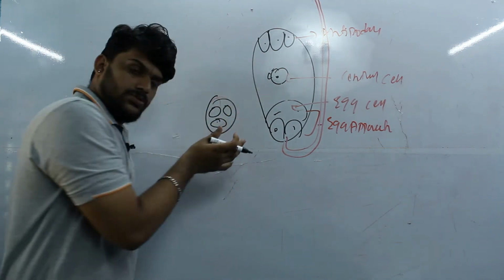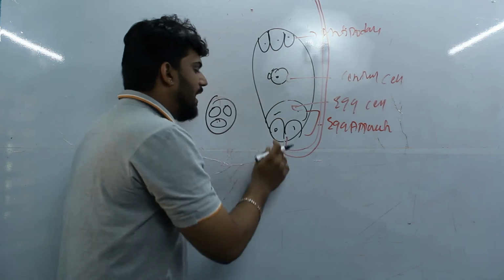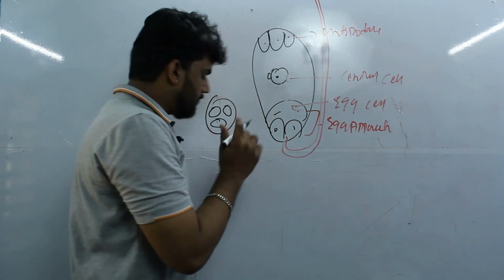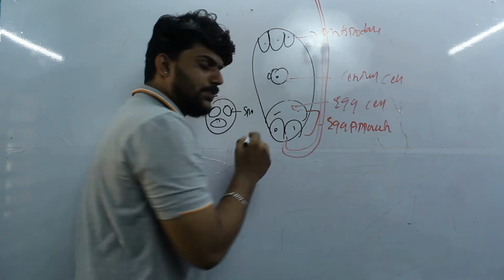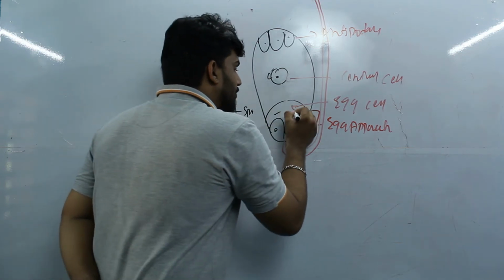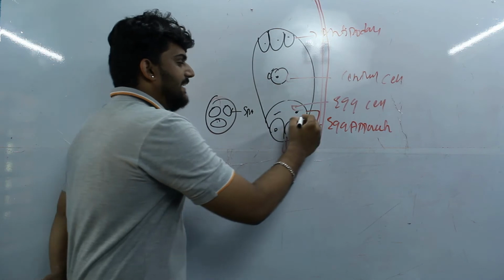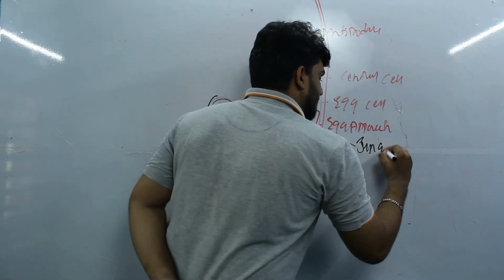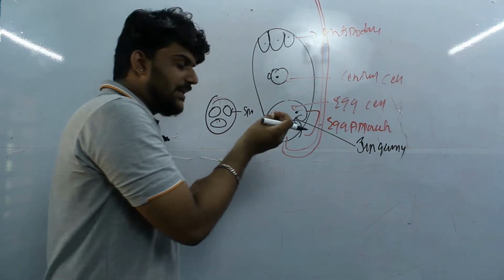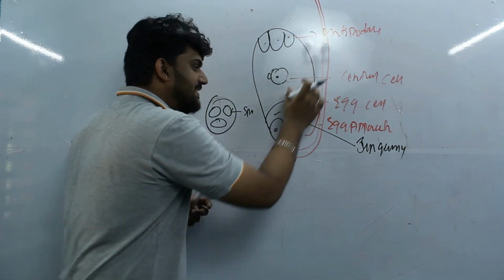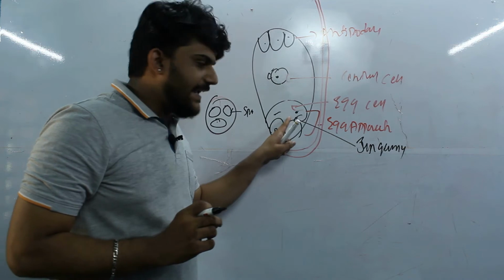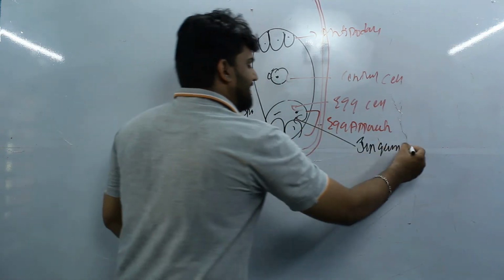The two sperms come through the pollen tube and enter through the filiform apparatus towards the egg cell. One sperm is going to fuse with the normal egg cell, and this process is known as syngamy.